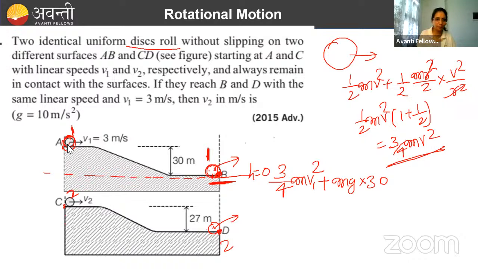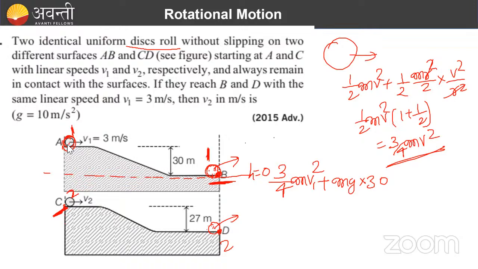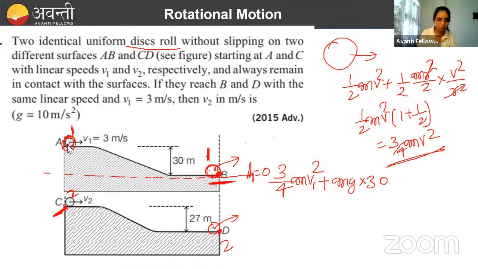So second ball at point C. Yes. Ma'am, this is 30 centimeter downward, so minus 30. I have taken, just see here, I have taken this h equal to 0 now. So this height is 0. So whatever is above this line will be taken as positive, and whatever is below this line will be taken as negative. For which one you are talking?